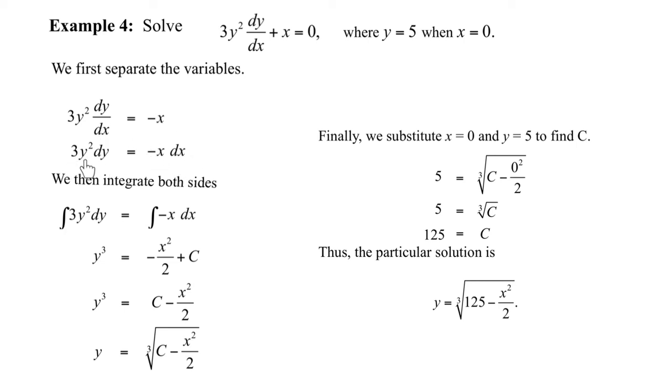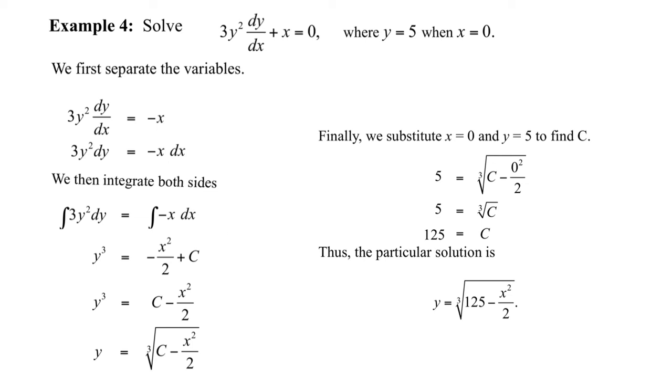So you can see only y on one side and x's on the other side. So now you can actually integrate both sides. The integration of 3y square is 3 times y cube divided by 3, then 3 will cancel. So on the left side we have just y cube, and on the other side negative x square divided by 2 plus c. Here also, while taking the integral, we are adding a constant c, and if you subtract that constant from both sides, on the right side we will have just a constant.